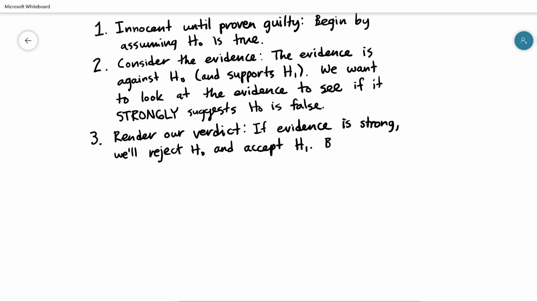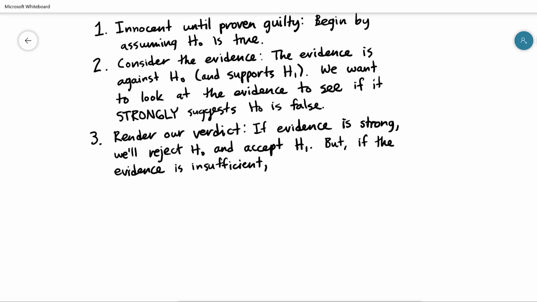But if the evidence isn't strong enough, so if it's too weak, if it's insufficient, then what we'll basically say is that the null hypothesis may be true. We'll never say that it is true.